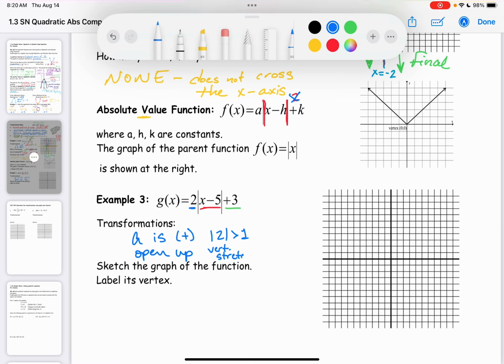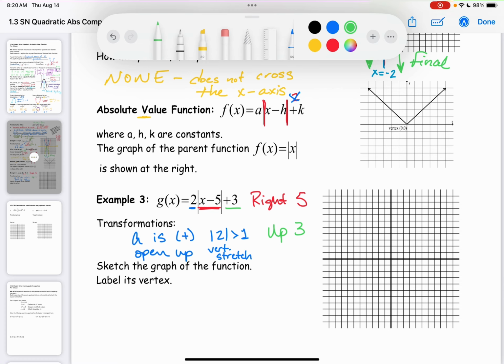It's going to get a little narrower. On our horizontal shifts, we have a -5. Remember, these do the opposite of what you would think, so it's actually going to move to the right 5. And then our K value, it's going to move up 3.